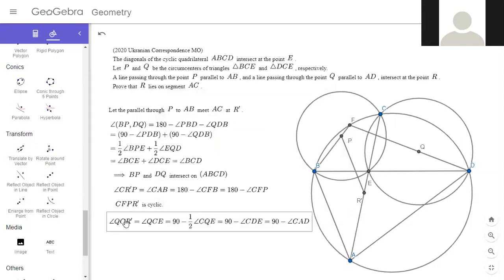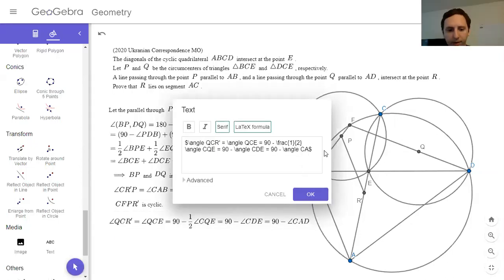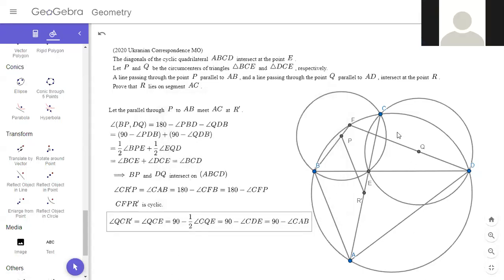CAB. Oh, I'm sorry, CAB. Yeah, similarly, we see that angle PCE is 90 minus CAD. Did you say PCE?